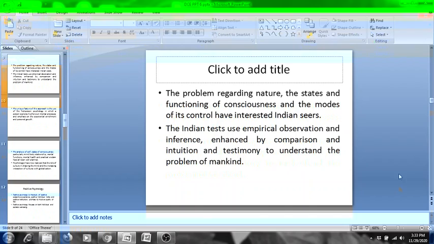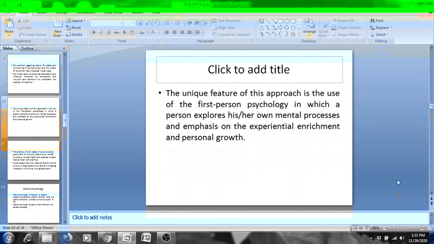The problem regarding nature, the states and functioning of consciousness and the modes of its control have interested Indian sages. The Indian texts use empirical observation and inferences enhanced by comparison, intuition and testimony to understand the problem of mankind.